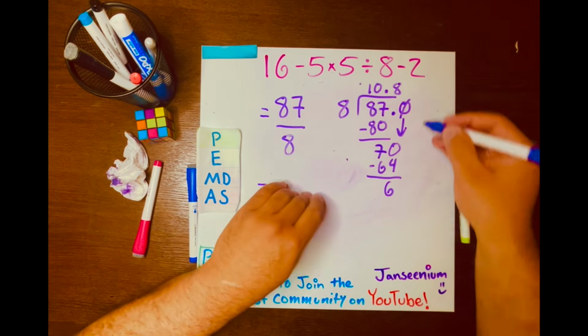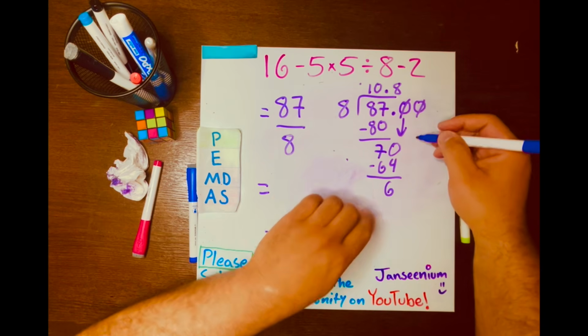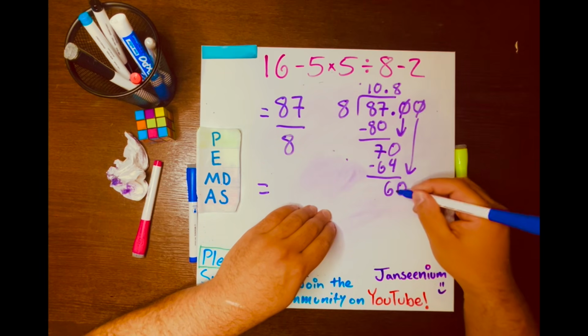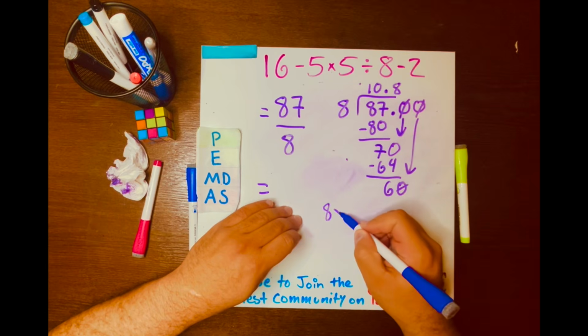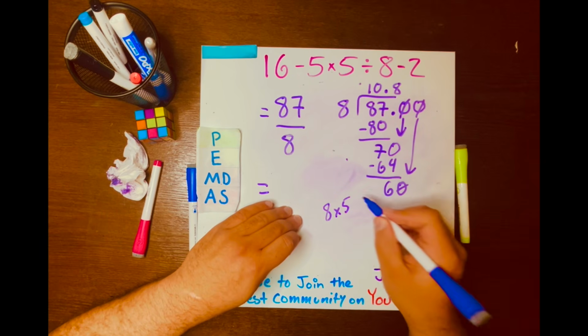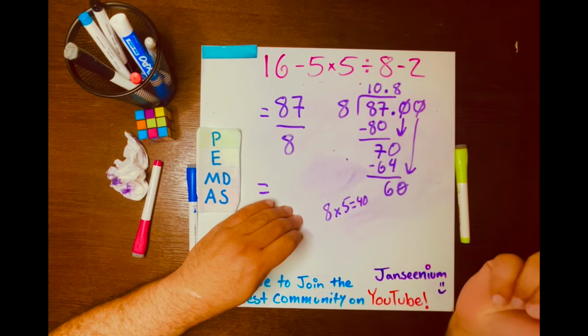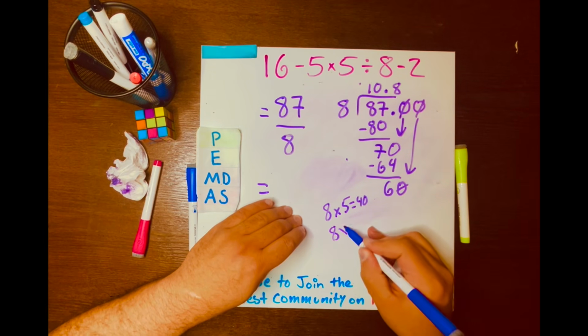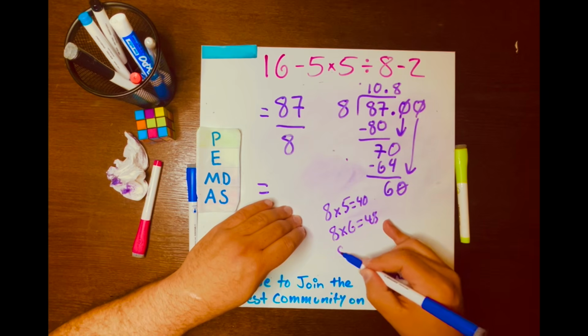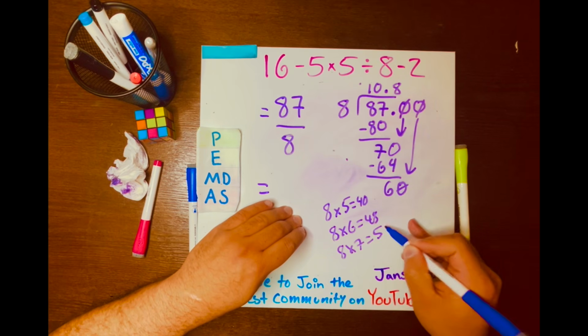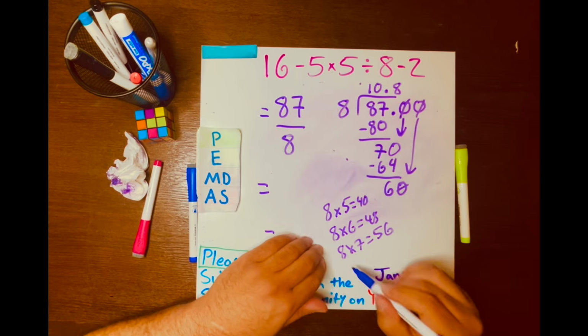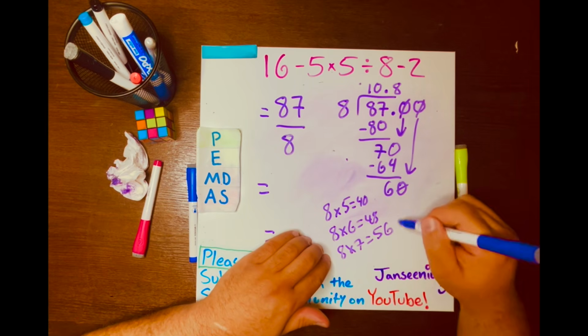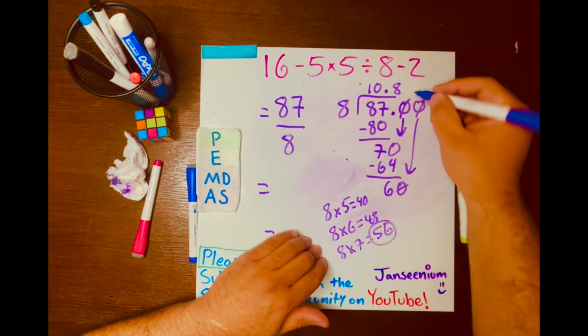So the 6 needs to borrow a 0 because you can't fit 8 into 6. So it becomes 60. And 8 times 5 is 40. That's way off, or further away from 60. So 8 times 6 is 48, and 8 times 7 is 56, because 8 times 8 is 64, so that's the closest we'll get to 60.